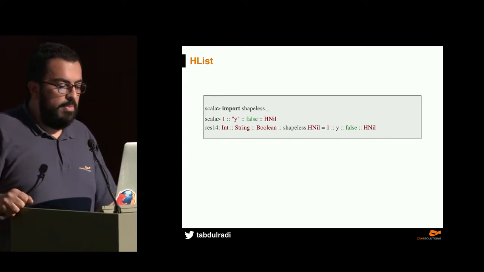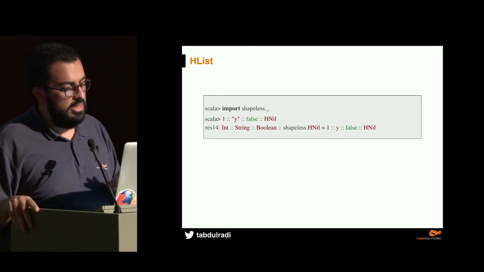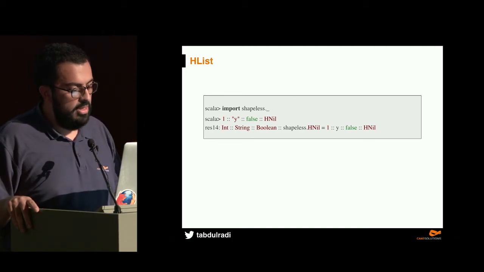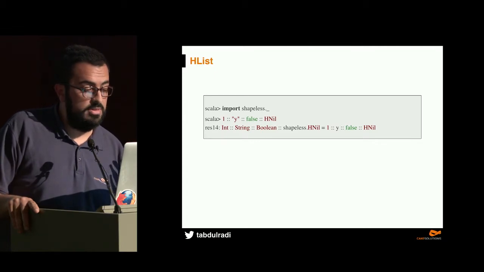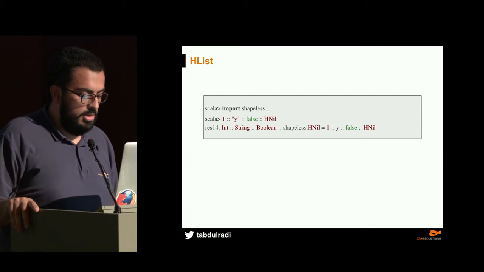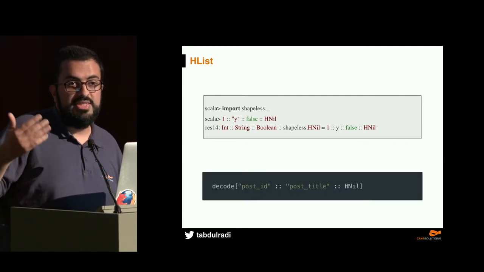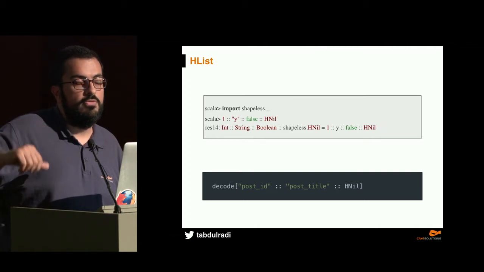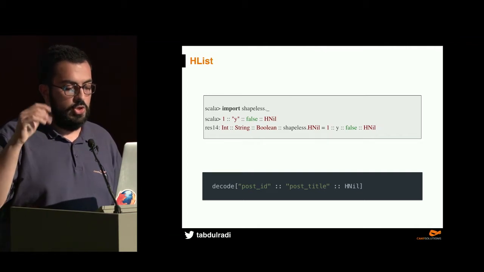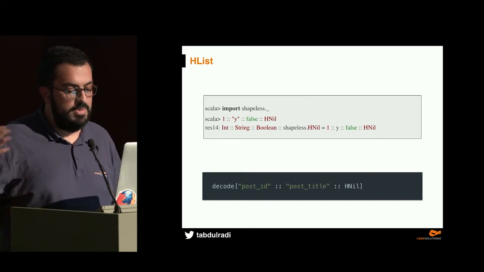I don't really care about the right-hand side of the values. I only care about the left-hand side. I now have something that's basically a list of types: integer, then string, then boolean. This is all I care about. So I could use that to write the selection part of the select statement: post ID, post title, and whatever columns I want in any specific order I want.